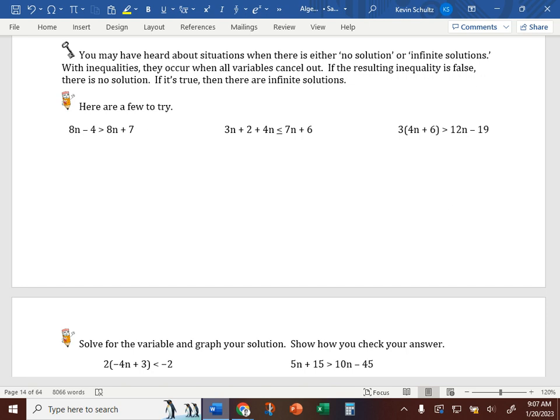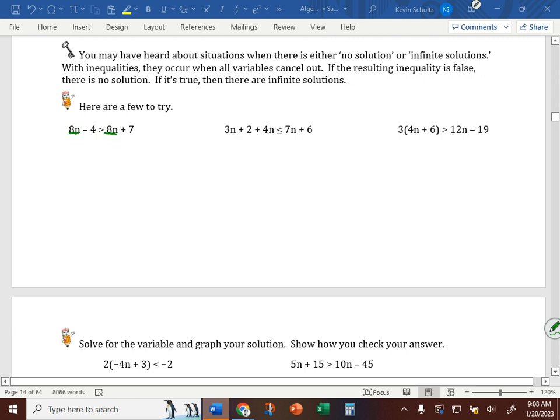Okay? We look at this first one and we see we have 8 n's and 8 n's on both sides. What's going to happen with those 8 n's when we start to move them from one side to the other? They're gonna cancel out. Right? We've reached the level of special situation here.